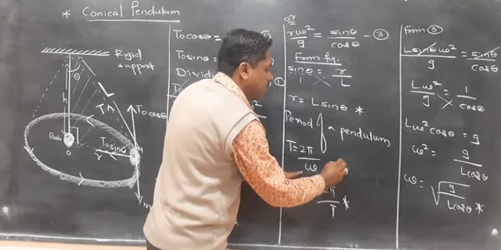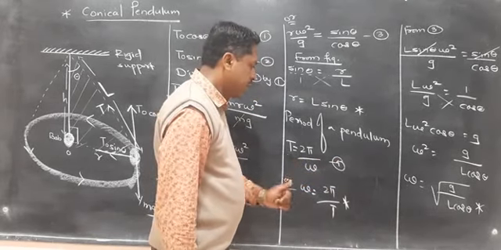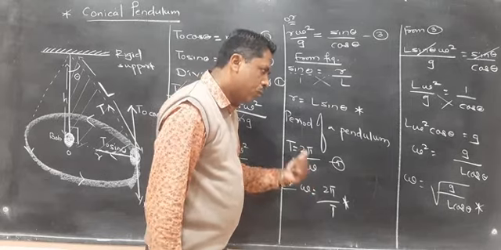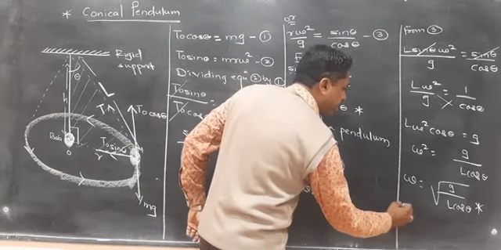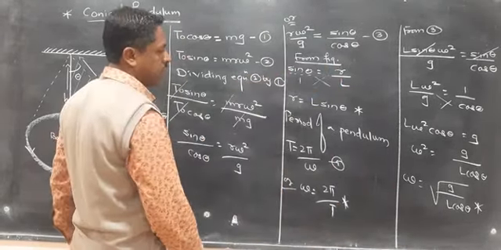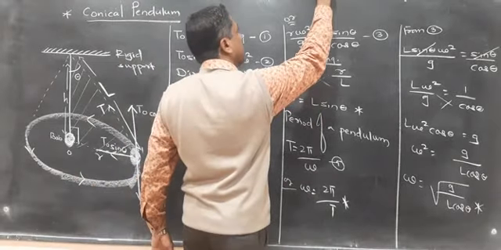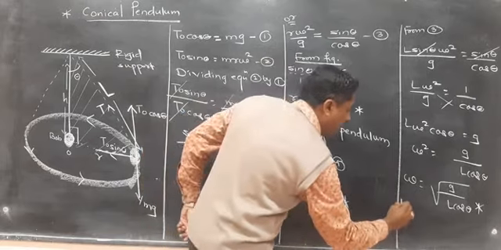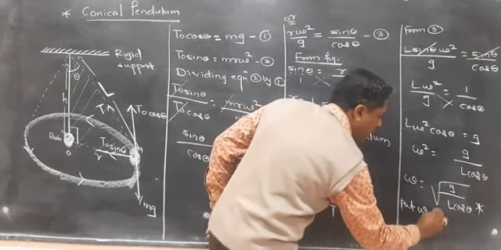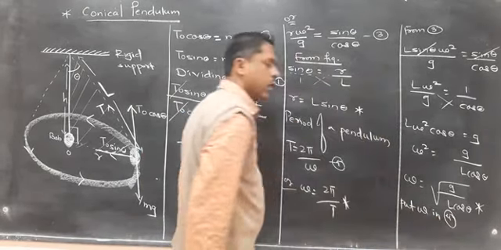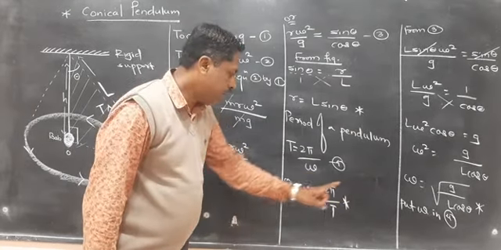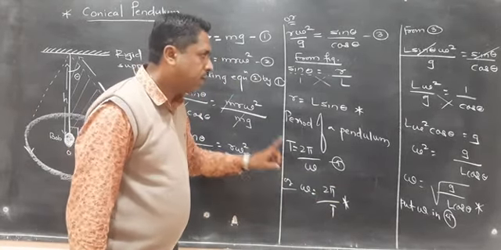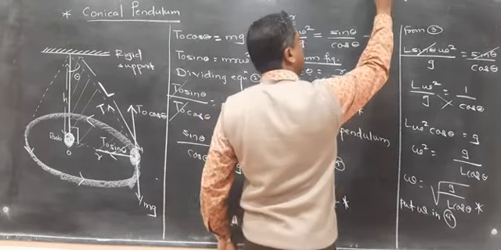In equation number 4, we can write T is equal to 2 pi by omega. So put omega from here, put the value of omega in equation number 4. What we can write? See carefully.